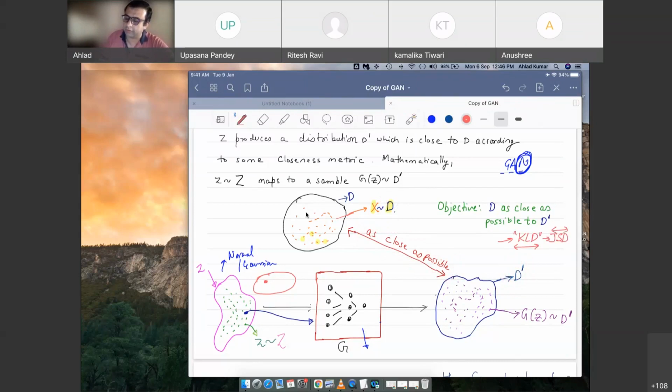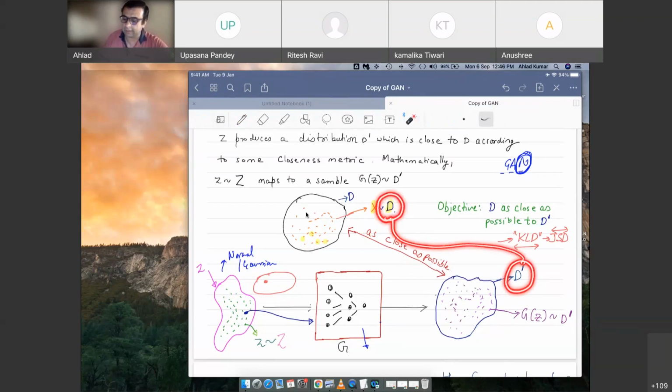These two divergences are used for calculating the closeness between the two distributions D and D hat. This is one way of doing it. Another way is using a machine learning model, and we will see how a machine learning model helps us calculate the closeness of D hat and D.